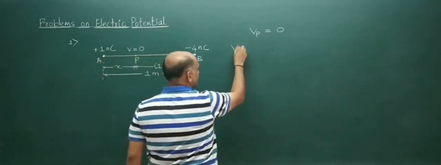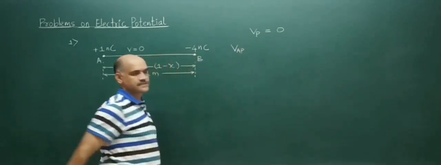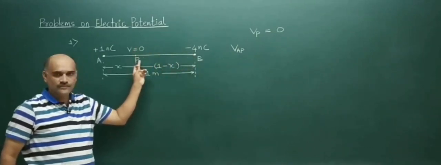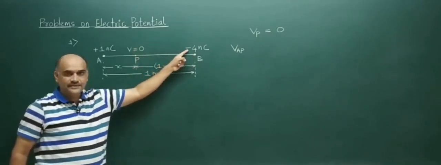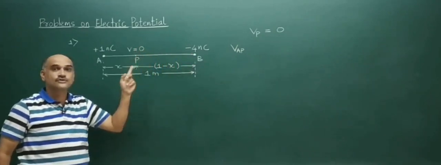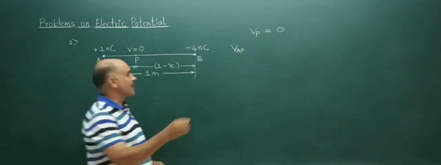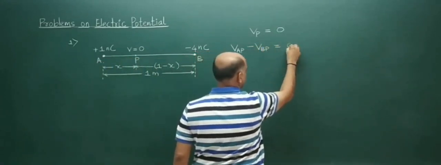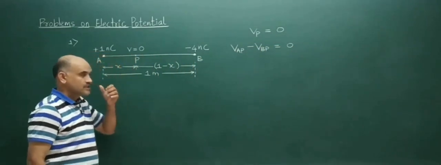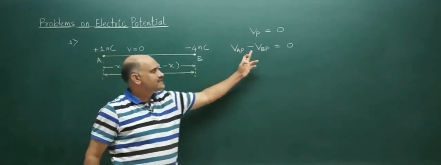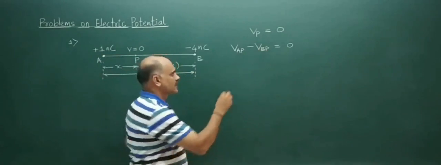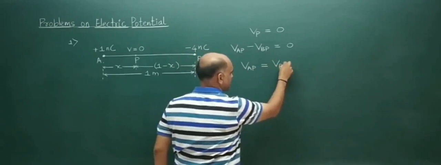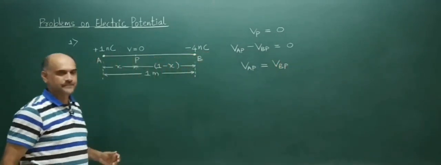So VAP plus the potential due to this charge, minus 4, but as this is negative, potential at this point will also be negative. So minus VBP is equal to 0. Now I will take this to the RHS, so I can write VAP is equal to VBP.